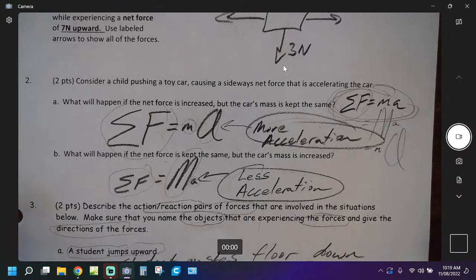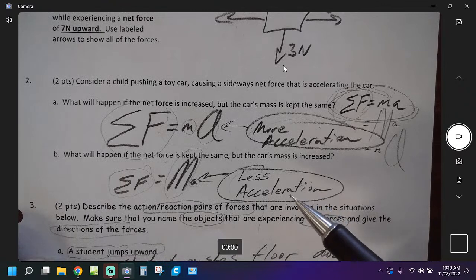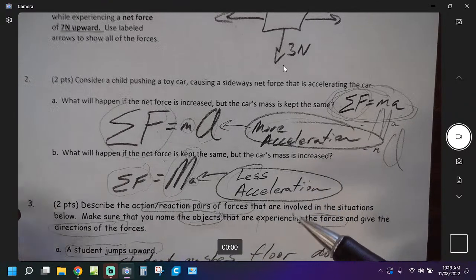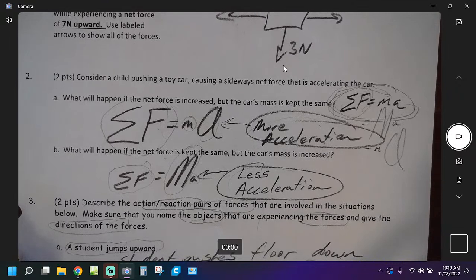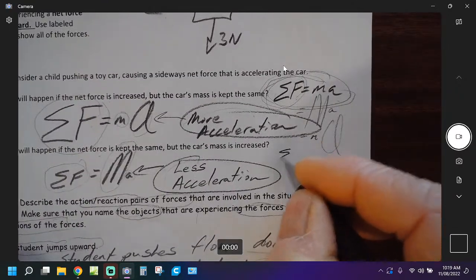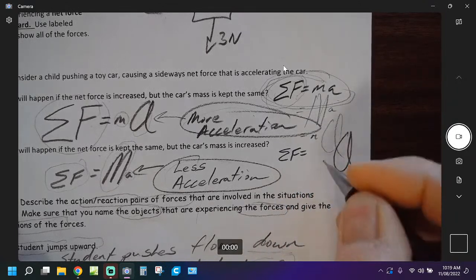What else changed and how? So if you have the same force, but there's faster acceleration, what about this situation changed? So would there have been more mass or less mass? Less mass. So that would look like, if I did my little thing with F equals ma, that would look like this, a big A and little m.